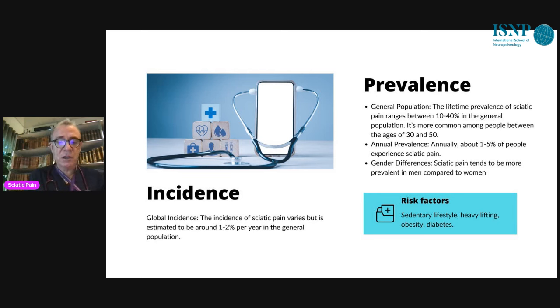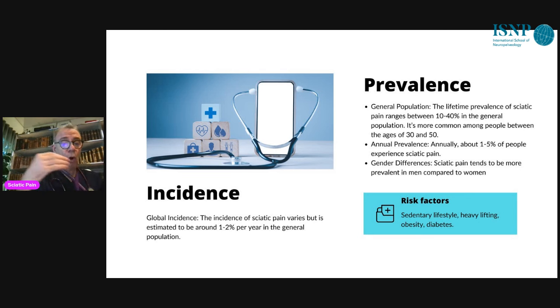And in such a situation, we will not get the information on the sciatic nerve. So, of course, for the sciatic nerve, there are some risk factors that may induce the development of sciatic pain or increase the pain. And of course, a sedentary lifestyle. If you're sitting a lot, if you're not doing sport activity, if you're not moving a lot, if you're a little bit too obese, and of course, if you have diabetes, because we know that sugar in the blood will attack the nerve, not just the nerve in the eye or on the finger, what we call polyneuropathy, but diabetes is able to attack also big nerves like the sciatic nerve.